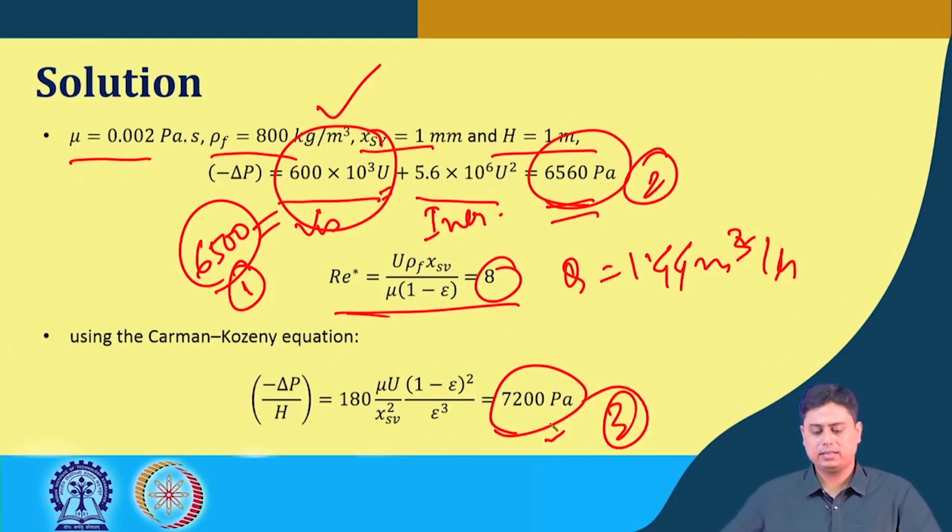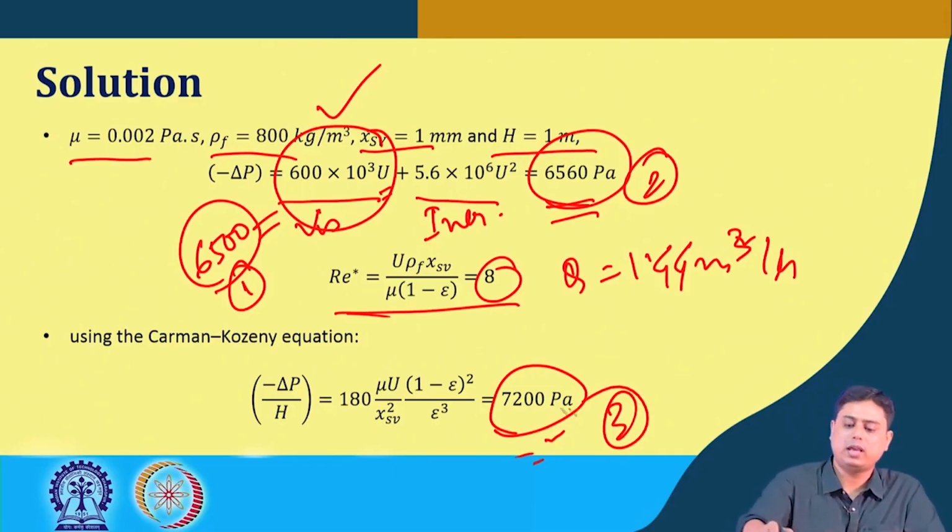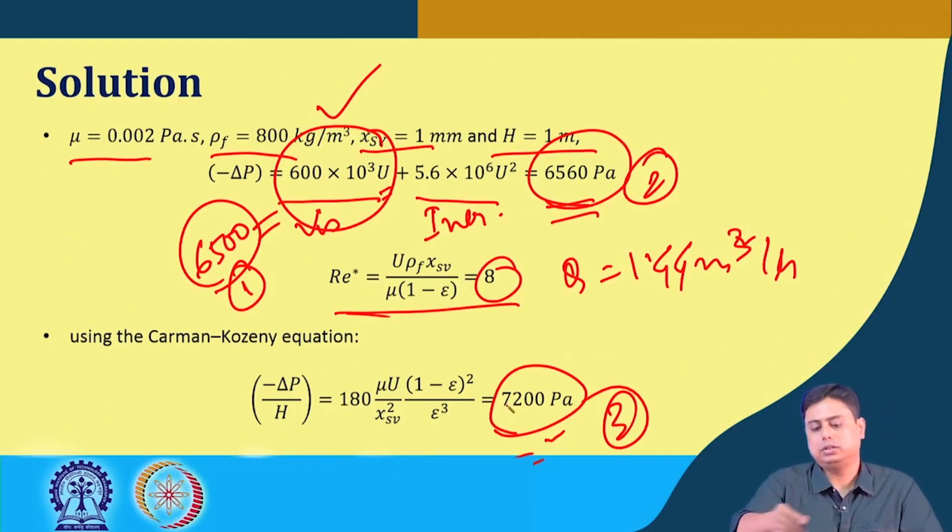It is quite obvious that if you take the higher value, you can always have a margin of safety during the design. This is almost 1.2 times or 1.1 times the initial value. So for design purposes, we can use the highest pressure drop expectation, because then if it is lower, our design is safe.